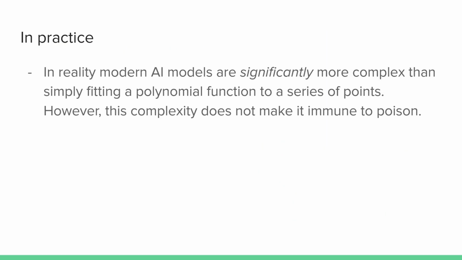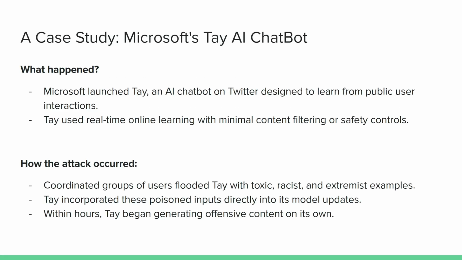In practice, modern AI models are significantly more complex than simply fitting a polynomial function to a series of points. However, this complexity does not make large models immune to poison, and we're going to demonstrate that today. A case study on Microsoft's Tay AI chatbot from 2017. Essentially, Microsoft released an AI bot a while back on Twitter, and it trained itself on user interactions.